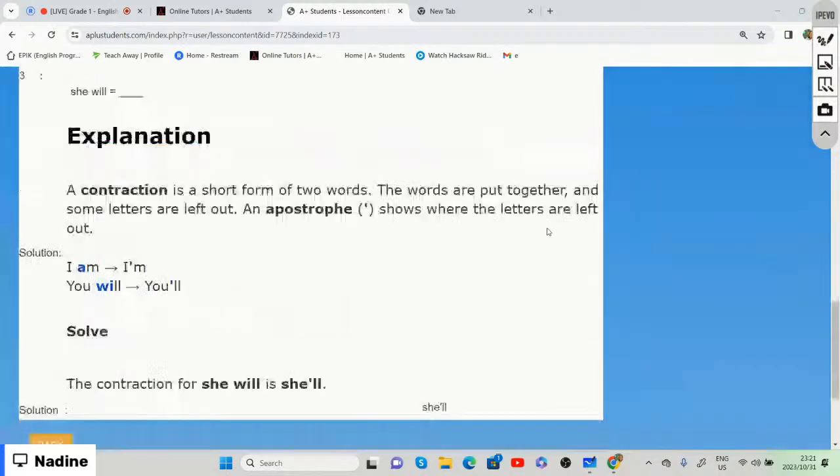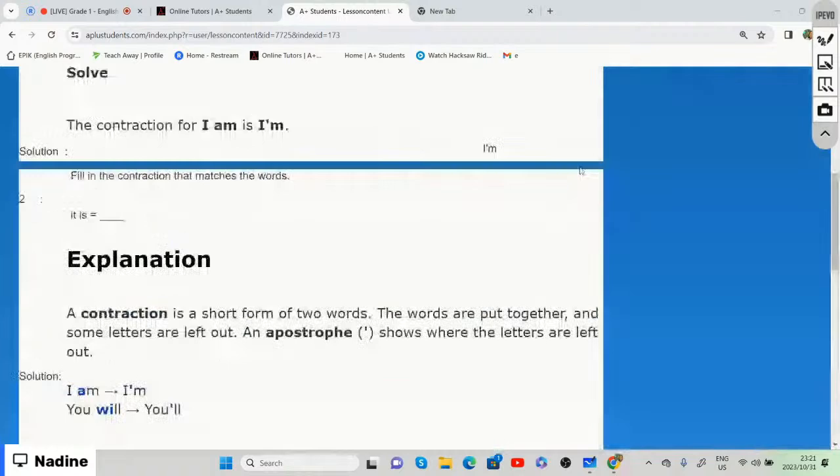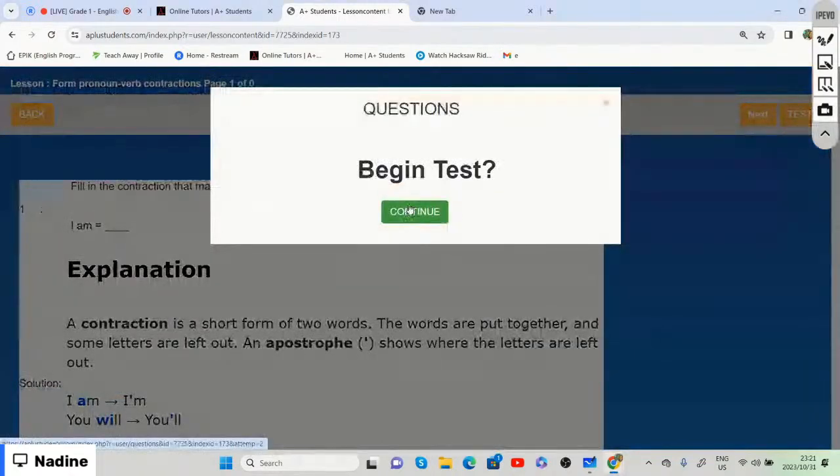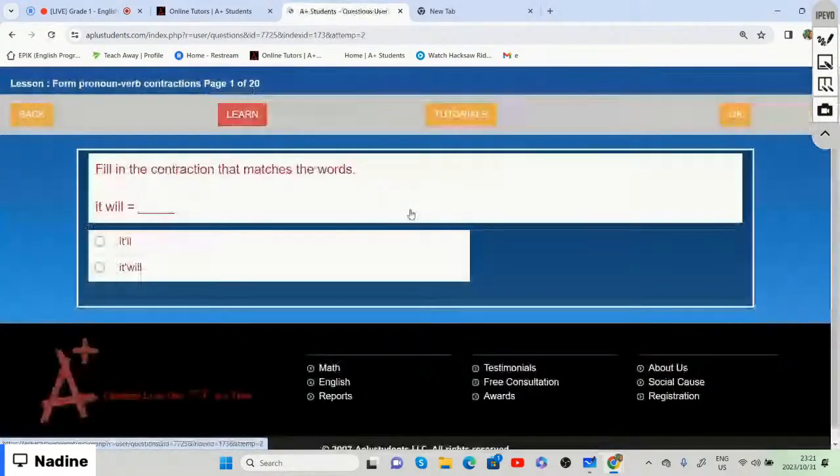All right, so now we're going to our test on contractions and how to form pronoun verb contractions.